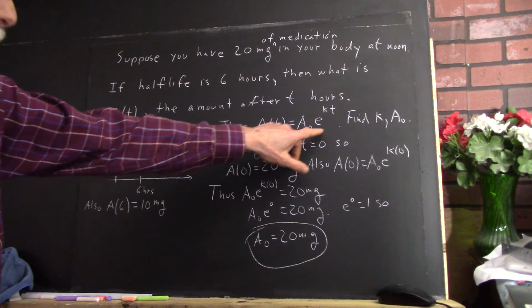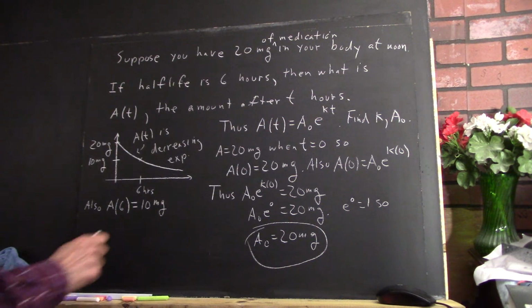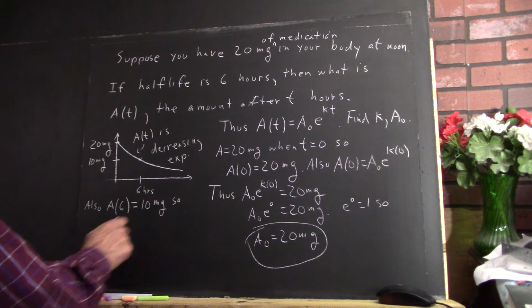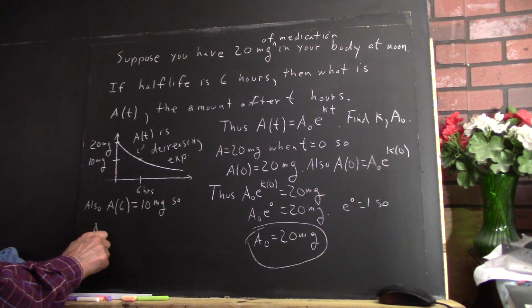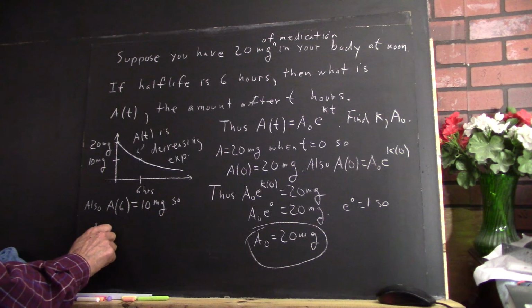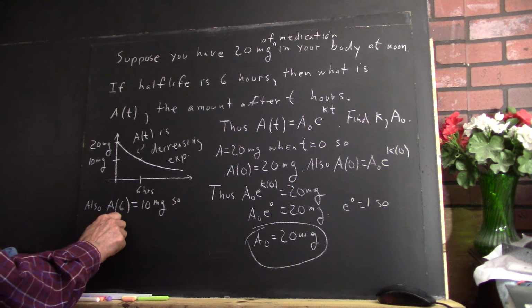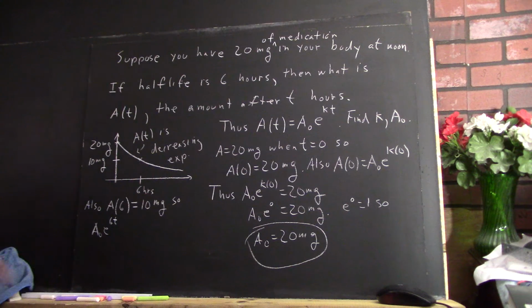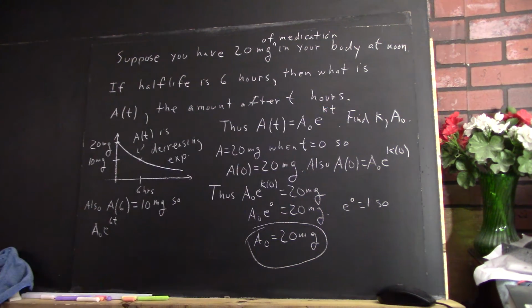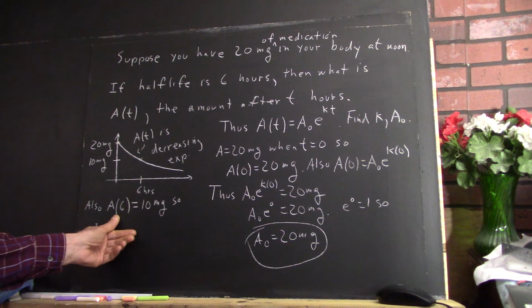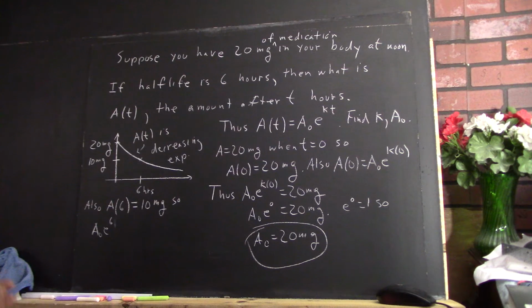A of t is A0 e to the kt. So A of 6 is A0 e to the k times 6. And it's not 6t, it's 6k.